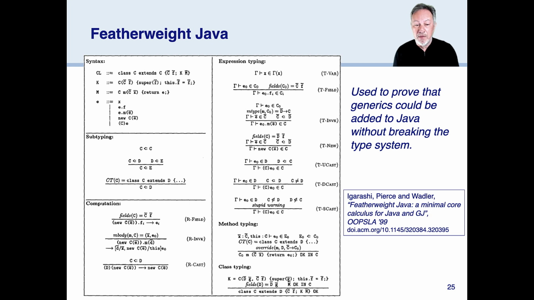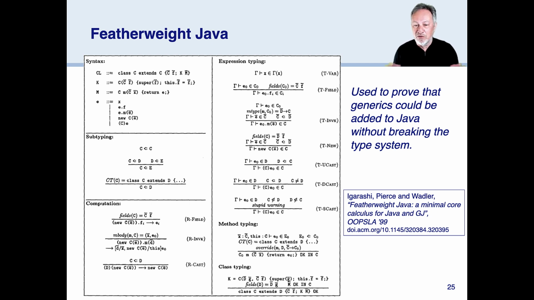It says that if a method has a particular body and we're applying a method to some arguments, then we do a reduction, that's the arrow there. We do a substitution of occurrences of the formal parameters of the method by the argument values, and the replacement of this by an instance of itself, described as a new expression.